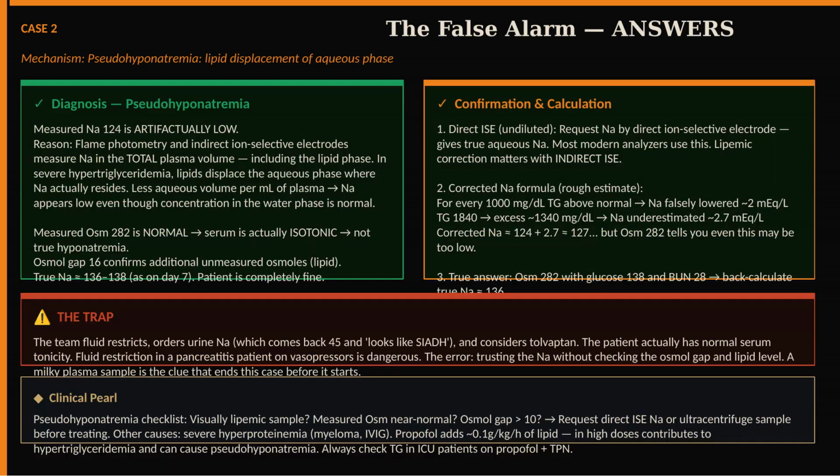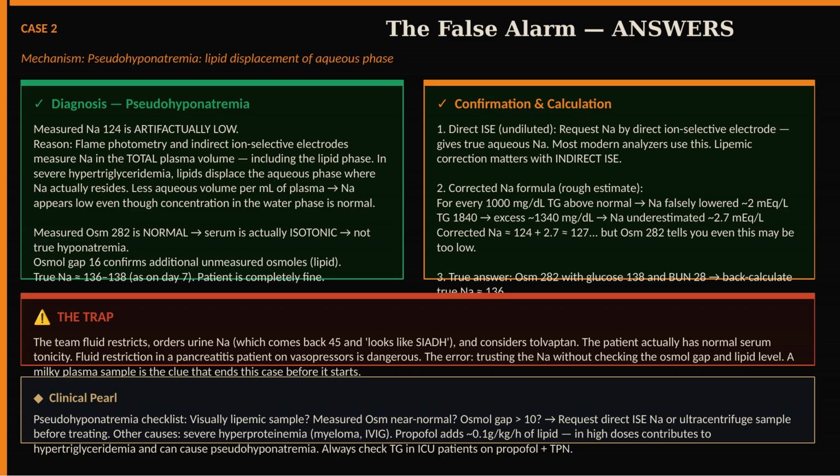Think it through. This is pseudo-hyponatremia, and the sodium of 124 is a lie. Here's the mechanism, and it's a measurement problem, not a physiology problem. Flame photometry and indirect ion-selective electrodes measure sodium across the total plasma volume, water plus lipid.